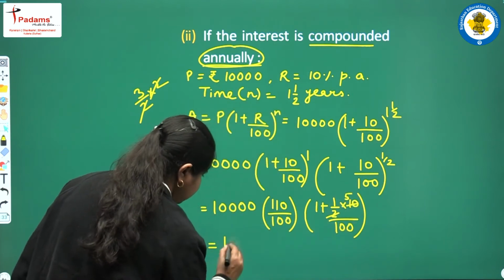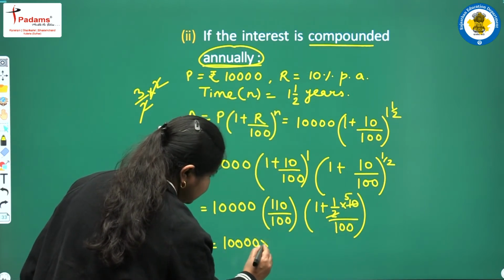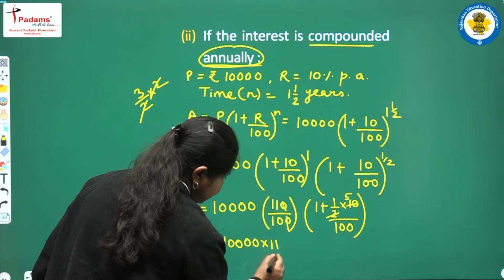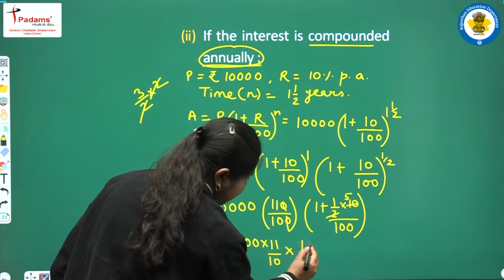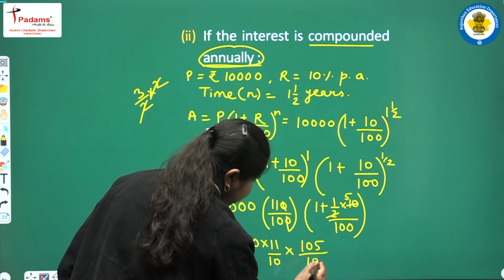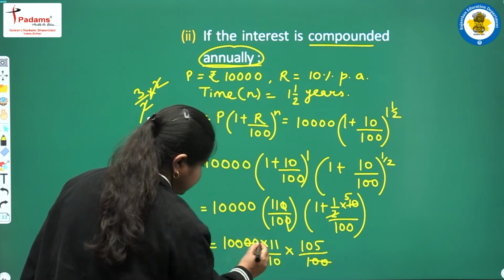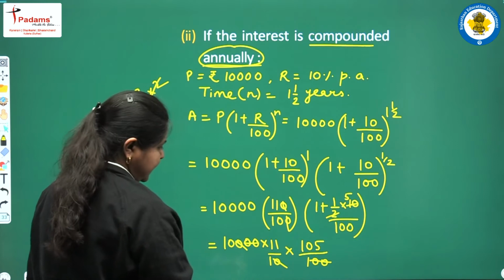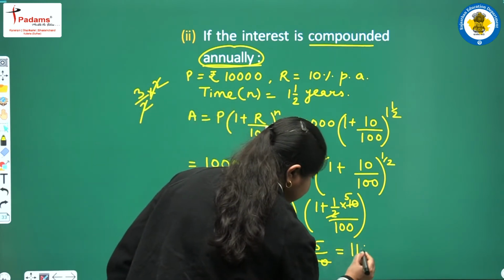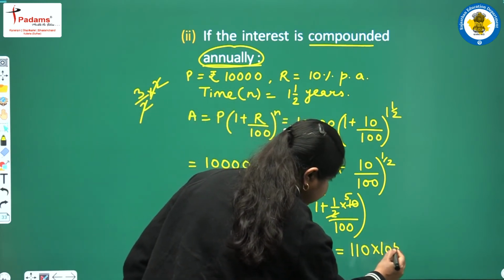This will give us 10,000 into, cancel this 0, 11/10 into, here we will have 105/100. These two zeros will be cancelled, 1 will be cancelled. Here we have 110 into 105.